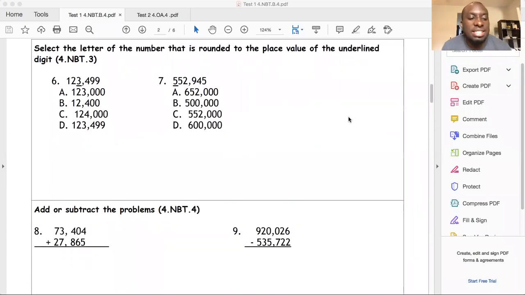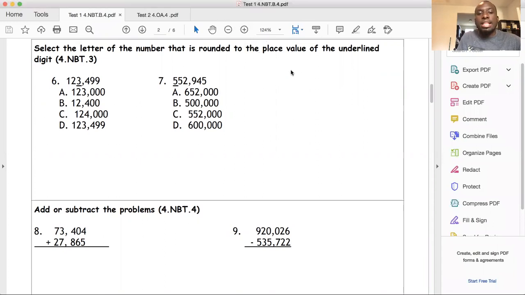For number 6 and 7, I'm only going to do one. I'm going to do number 7. The general rule of rounding: if the number next to the underlined number is between 0 and 4, it stays the same.